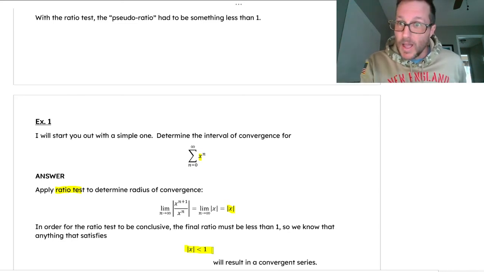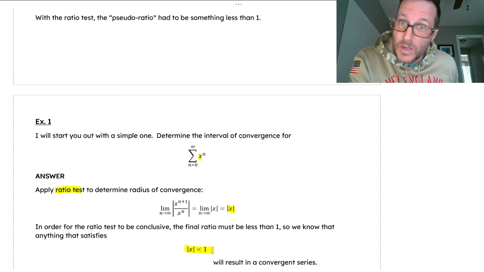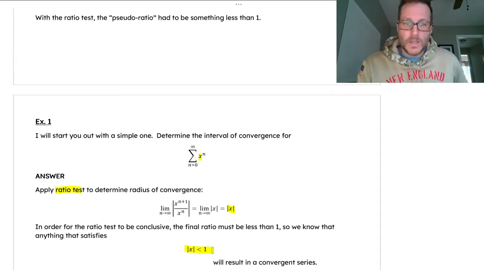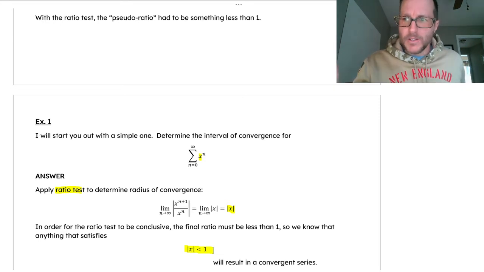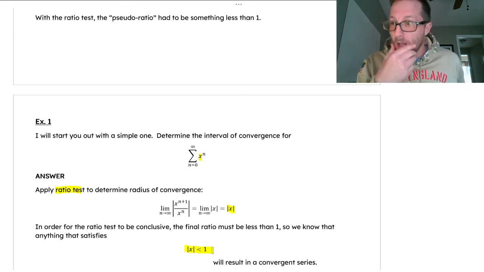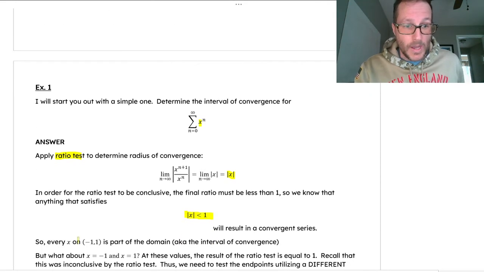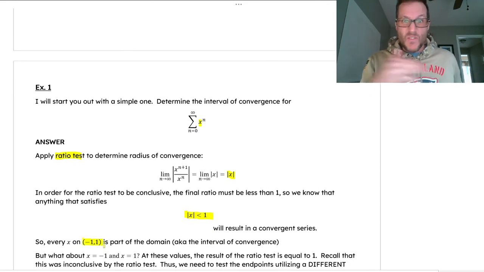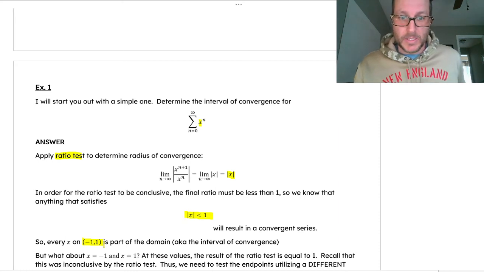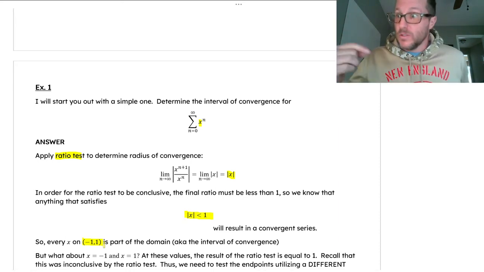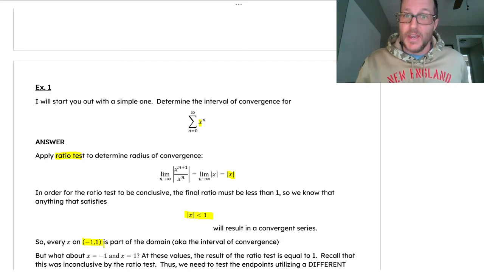So this calls to mind the solving absolute value inequalities from before. Remember I told you we were going to need that? So what values will work? Well, anything between -1 and +1, right? Everything in between -1 and +1, if you substitute into the absolute value of x, you get a number less than 1.